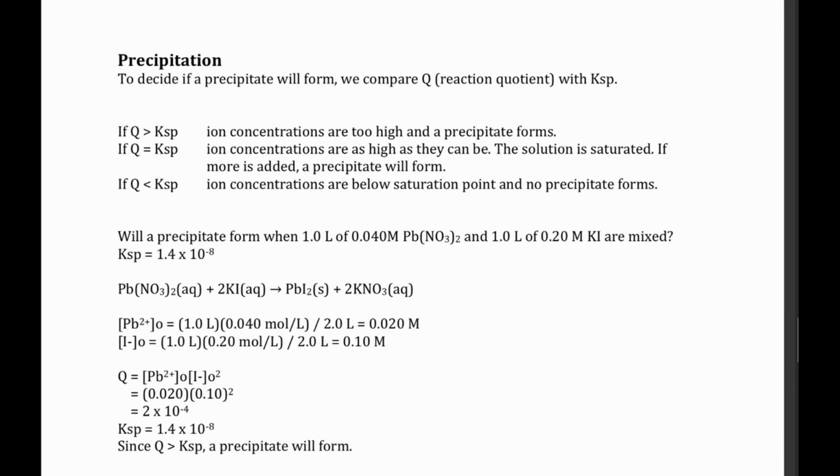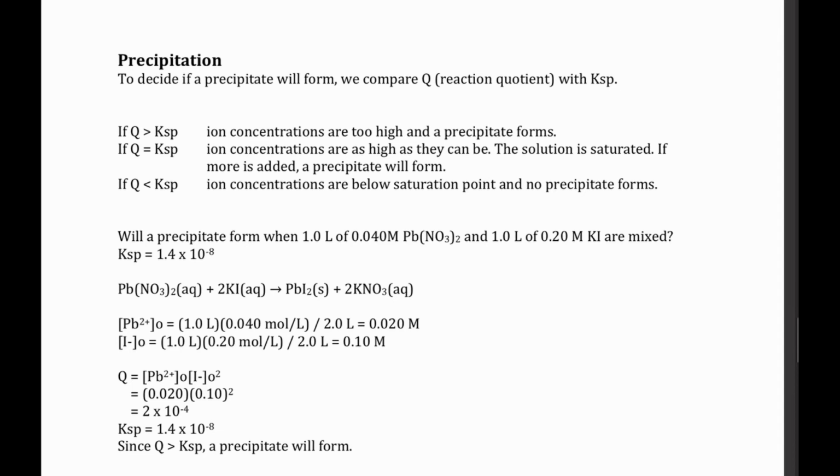Now, to think about the lead iodide and how much we can add before we get a solid to form, imagine PbI2 solid in equilibrium with Pb2+ aqueous plus 2I- aqueous.